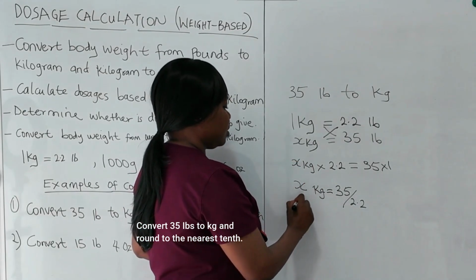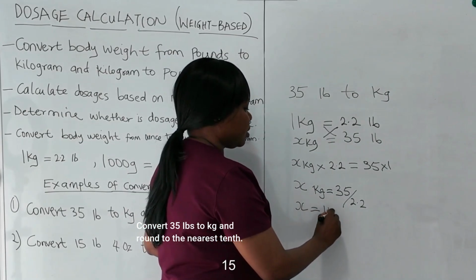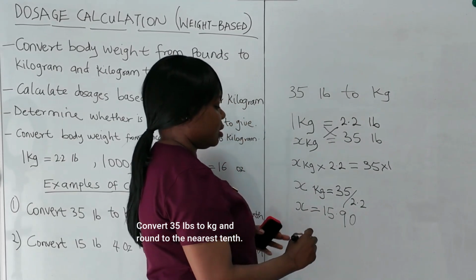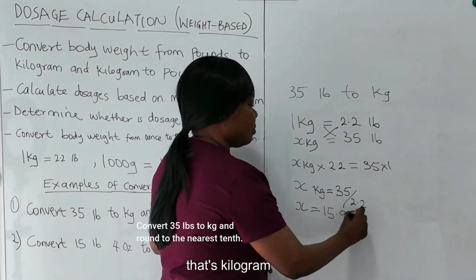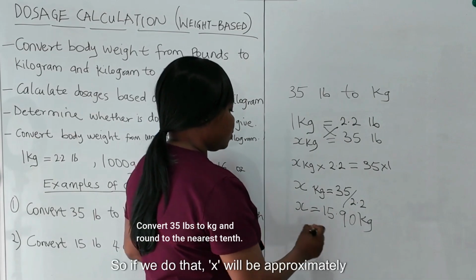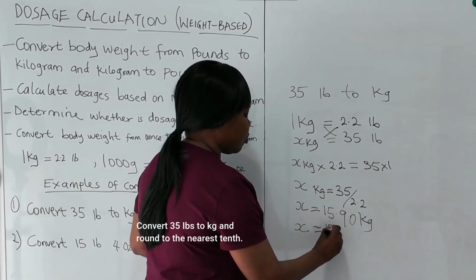If we do that, that will give us 15.90. Now that's kilogram, but they said we should round to the nearest tenth.